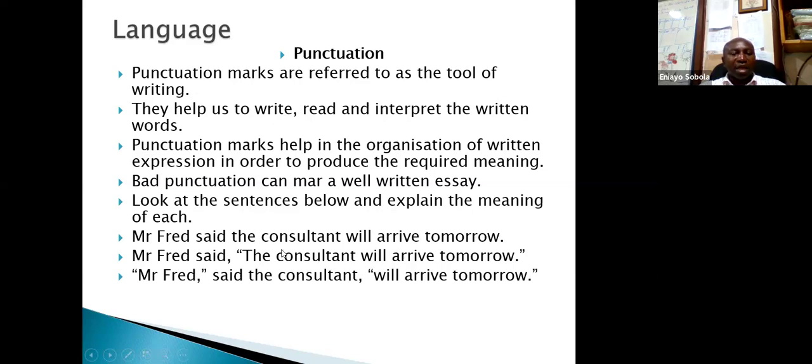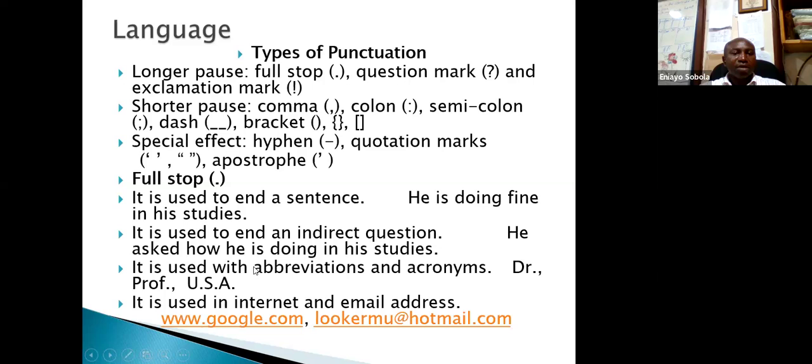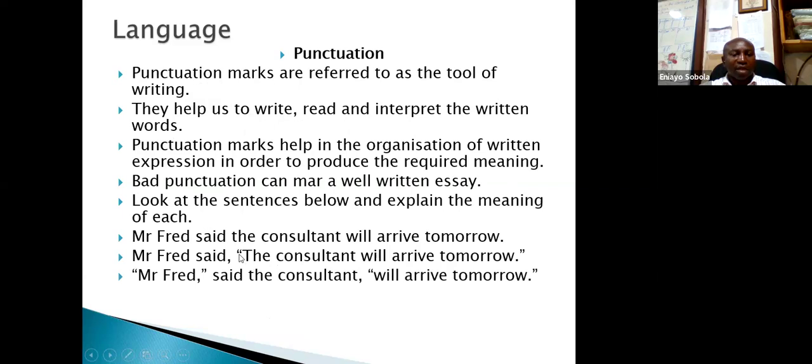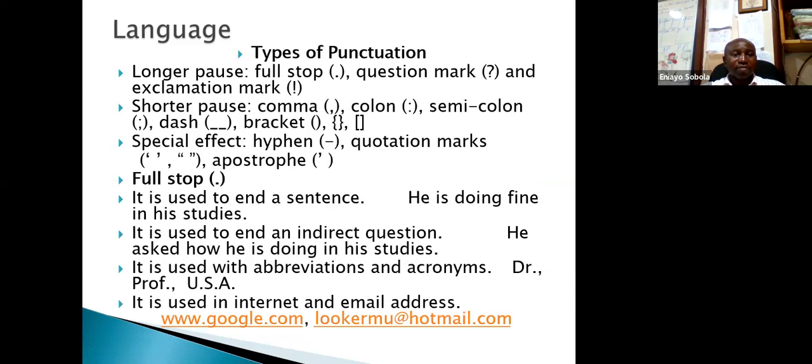The consultant will arrive tomorrow here is actually a direct utterance from Mr. Fred. But here we say Mr. Fred said the consultant will arrive tomorrow. In the second example here, the speaker is the consultant. Who will arrive tomorrow is Mr. Fred: Mr. Fred will arrive tomorrow, said the consultant. You can realize that wrong application of punctuation creates a lot of crisis in writing. And we need to be careful with that.